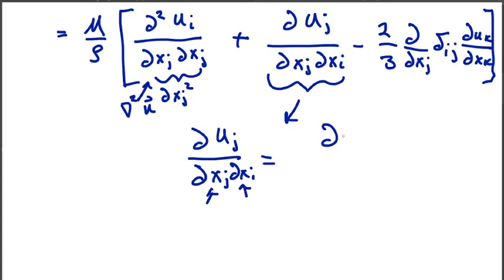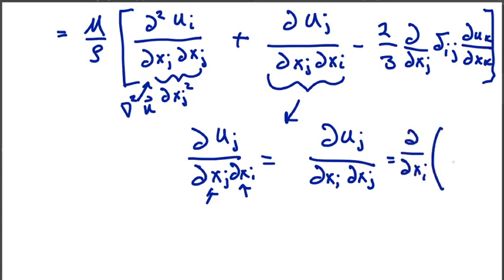We can write this as duj dxi dxj. I can take the derivatives in different orders. And this is the same as d by dxi operating on duj dxj, just putting in parentheses to draw our attention to things.